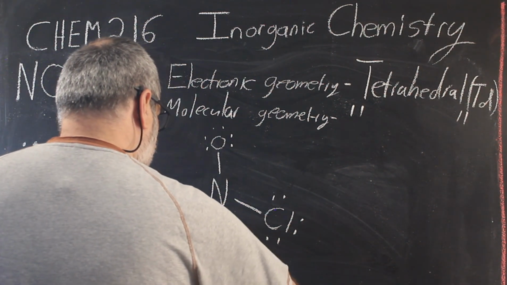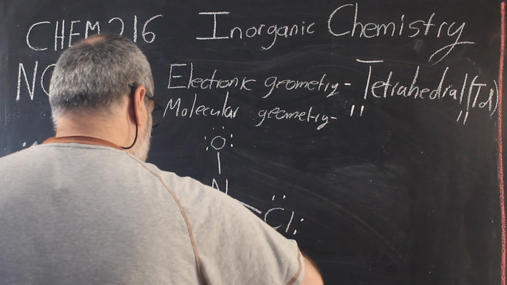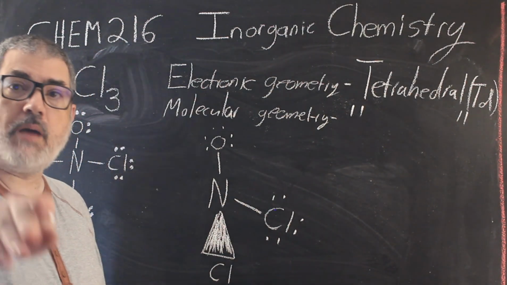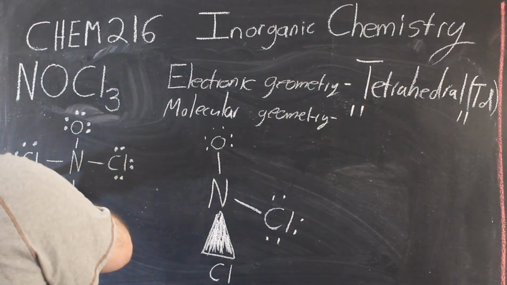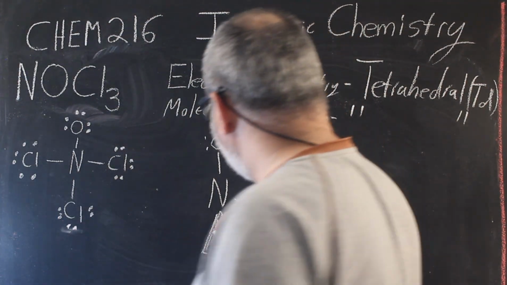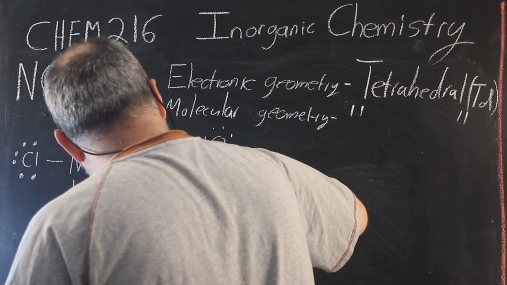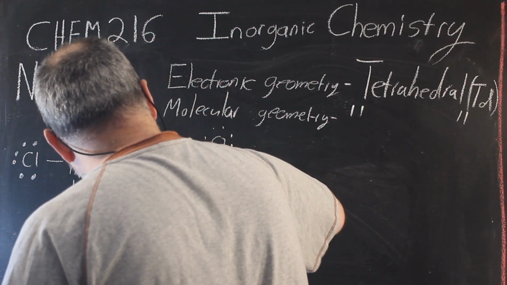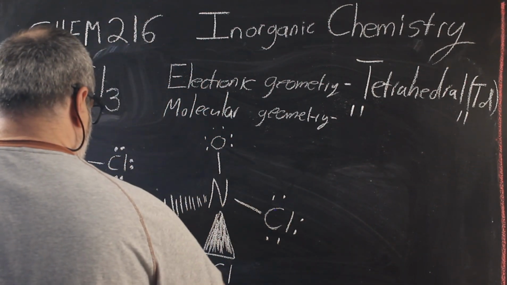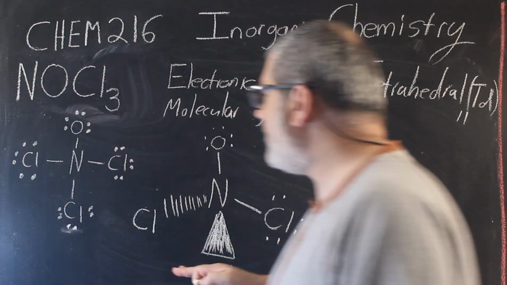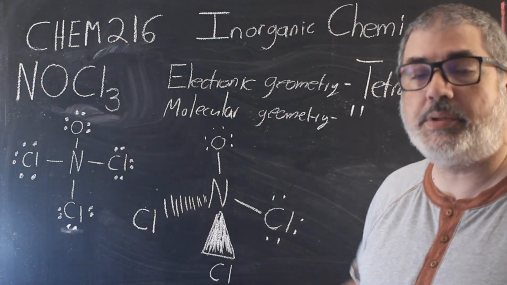So this solid wedge means that it's coming out at you. This chlorine, we're going to use a dashed wedge, and that means it's going behind the plane of the board.